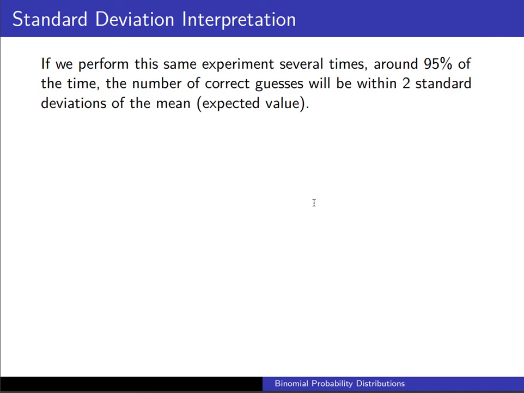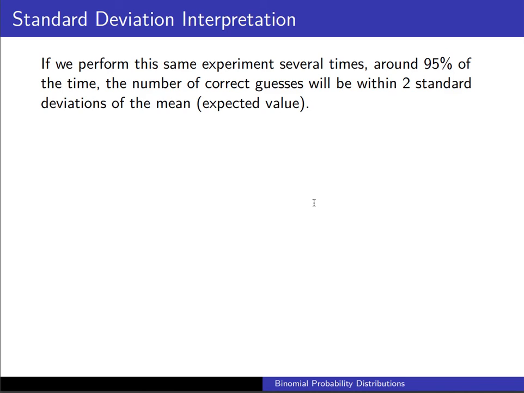So interpreting the standard deviation in this case, if we perform the same experiment several times, so let's say we give millions and millions of students a 10-question multiple choice test where each question has 5 answer choices and they're going to guess on their answers because they have no idea.